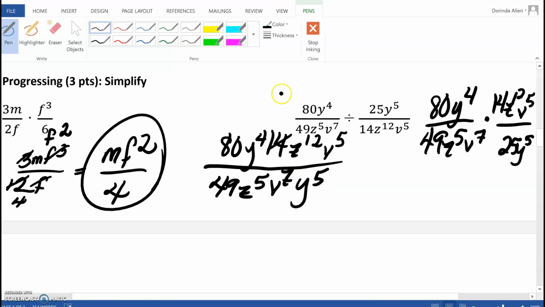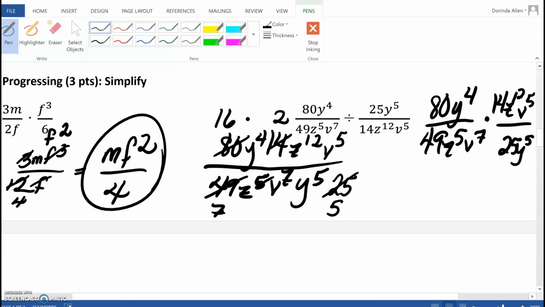So 7 goes into 49 7 times, and into 14 twice. And 5 goes into 80 16 times, and 25 5 times. I think that's all I can reduce on the numbers.